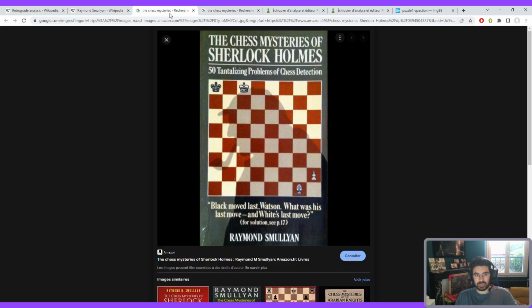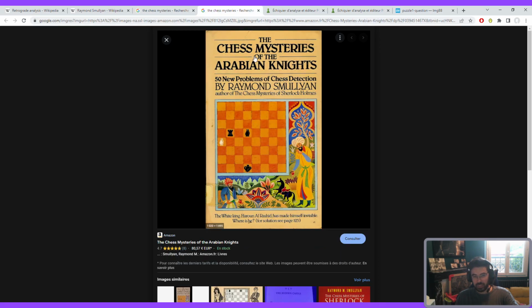These two books are called The Chess Mysteries of Sherlock Holmes, with 50 problems of chess detection, and The Chess Mysteries of the Arabian Nights, with 50 new problems of chess detection. And I discovered this field, retrograde analysis, when I read these two books.